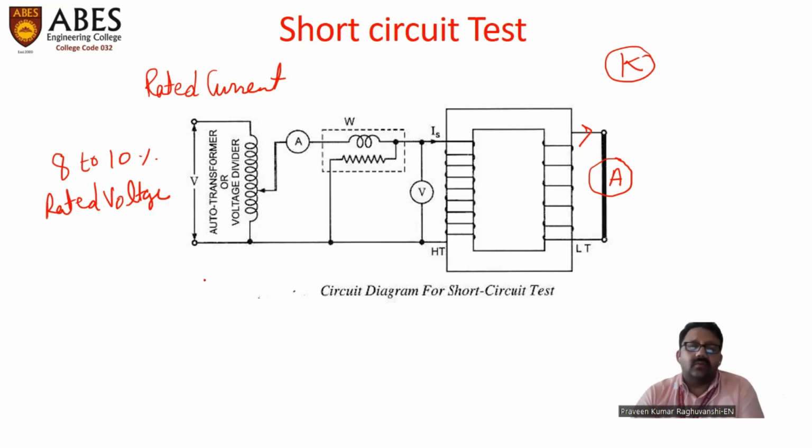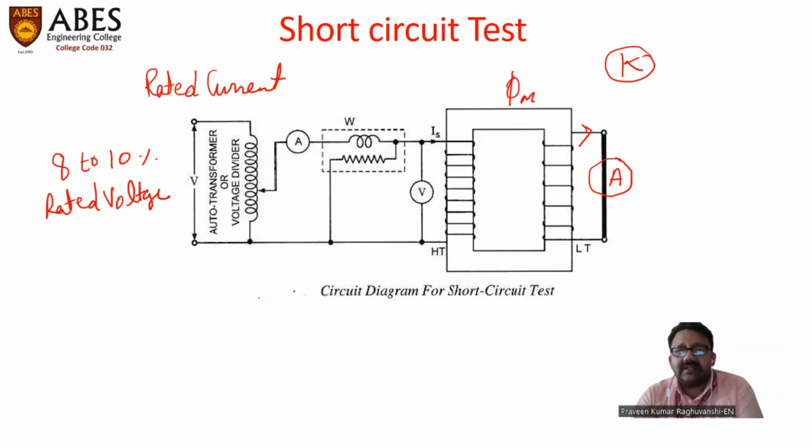In this scenario, as the secondary side of the transformer is short circuited, whatever power is taken from the source is dissipated in the form of losses. But as the applied voltage is very small, the magnetic field available in the transformer core is also going to be very small.